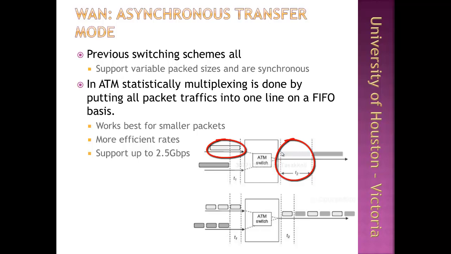So packet 2, the dark gray packet, when it's trying to be transmitted, has to wait for the entire T sub 2 time. Whereas if your packets in the ATM switch technology are smaller, then your latency will be smaller, as described in the picture below.